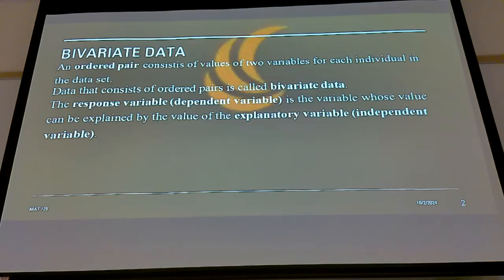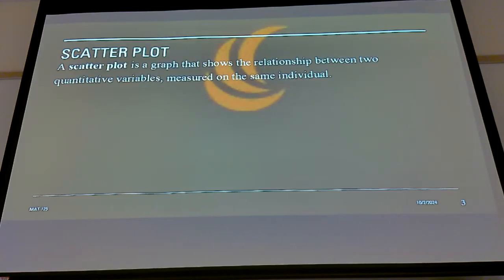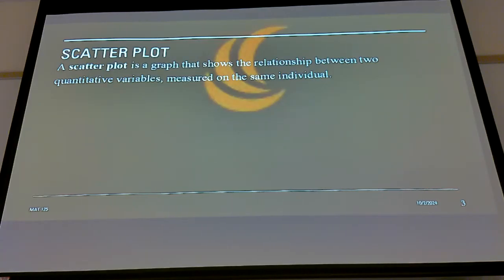We visualize bivariate data via scatter plot. The graph shows the relationship between your two quantitative variables on the same axes.